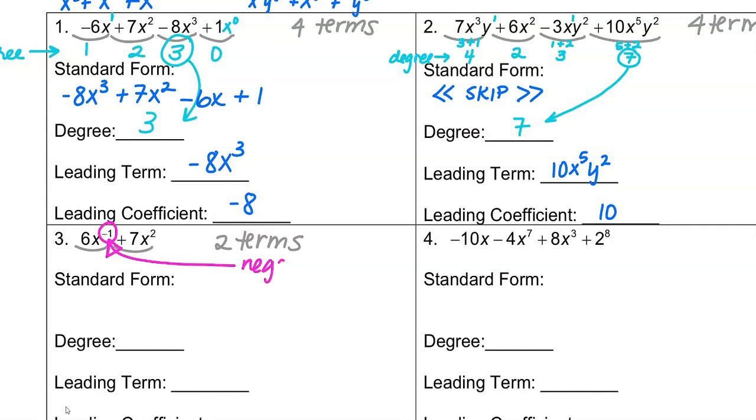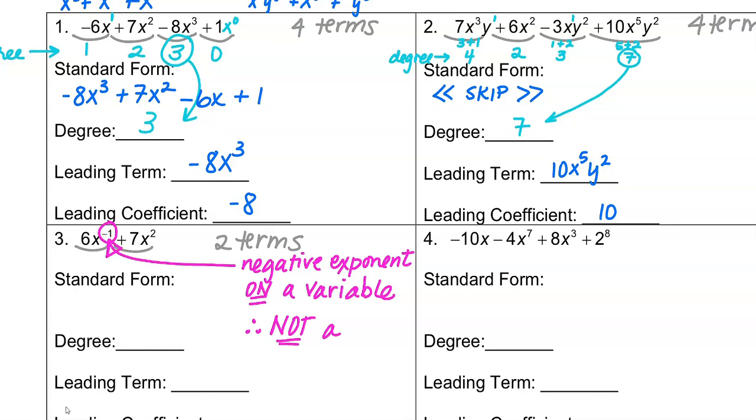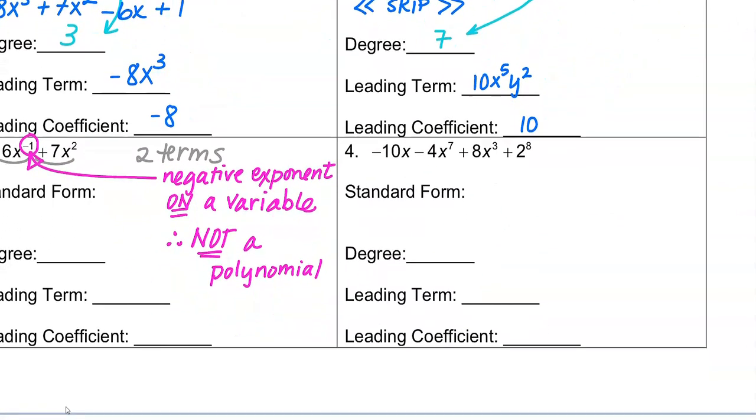So I'll say here, negative exponent on a variable, which we do know how to work with, but it's not a polynomial. So therefore, not a polynomial. Okay, so I'm going to skip then finding the degree, leading term, leading coefficient, because we are only working with polynomials with those terms right now.